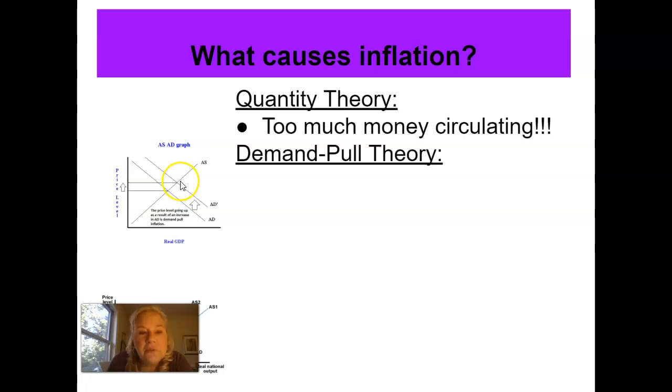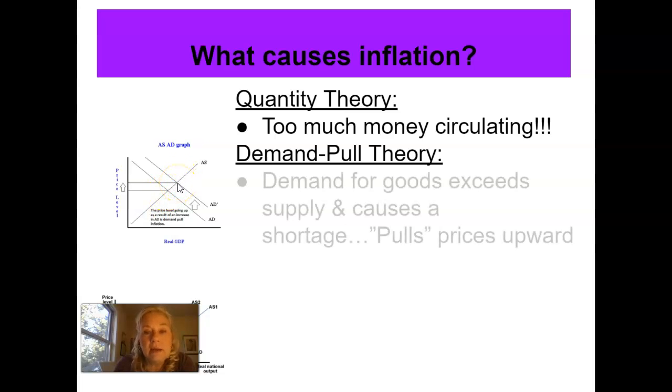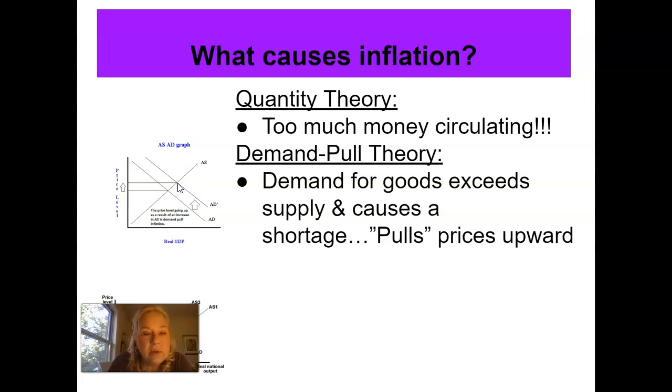So that shifts the demand curve to the right. Okay, when we shift that demand curve to the right, because we have more aggregate demand, you can see that this pulls the prices upwards. So as our aggregate demand increases the quantity, the price level will also increase. So this demand for goods exceeds the supply, it causes a shortage, and it pulls the prices upwards.